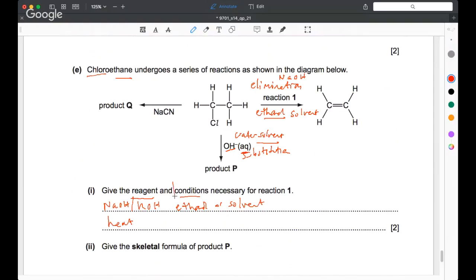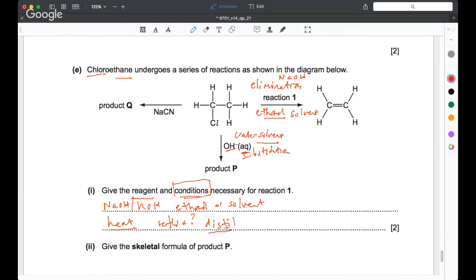And when you do conditions for these things, you've got to mention heat, but normally for these kinds of questions, you've got to choose between: are you going to be heating it to distill the product, or are you going to heat it under reflux? The only time you want to distill something is when you want to remove the product as soon as it's made.